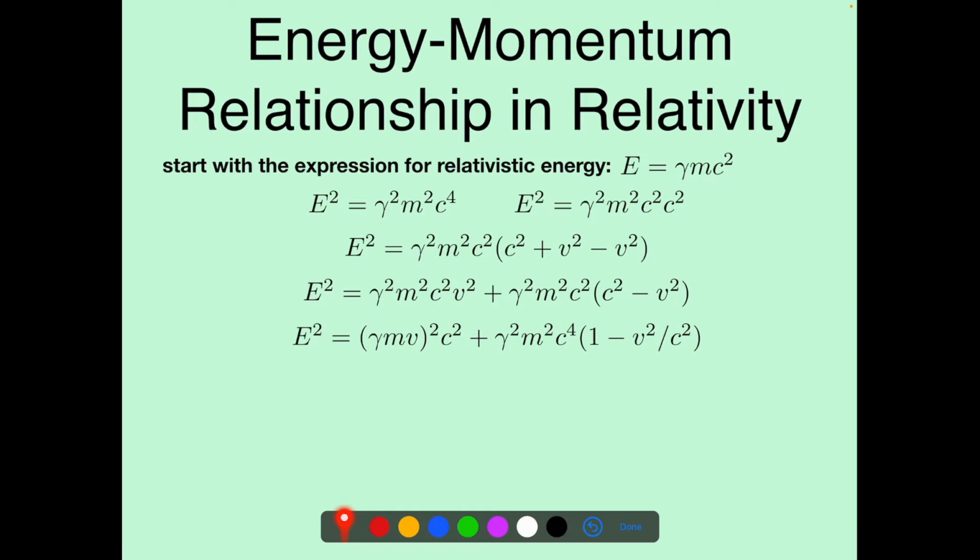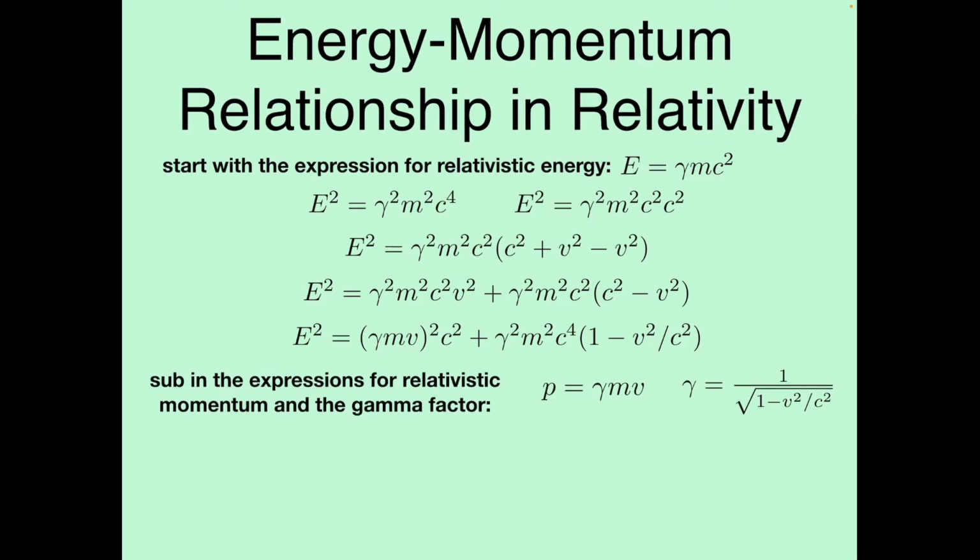And then for the second term over here, what I'm going to do is pull out a factor of c squared from the parentheses. So we'll have gamma squared, m squared, now c to the 4th because I've pulled out a second factor of c squared, which means now in the parentheses, I just have 1 right here, and then minus v squared over c squared, okay? So here's where this pays off.